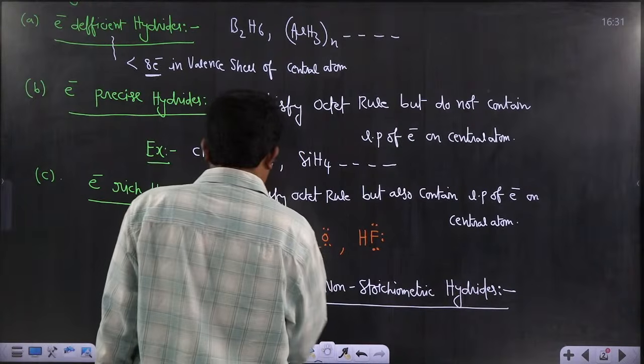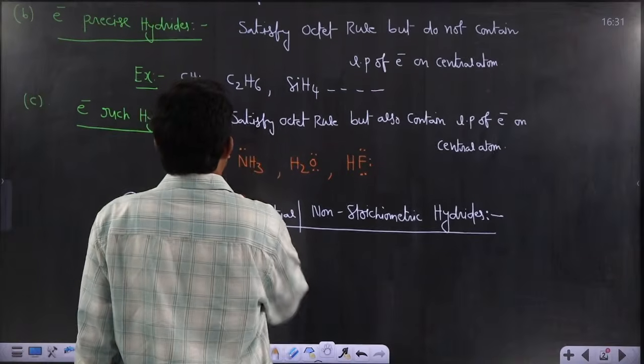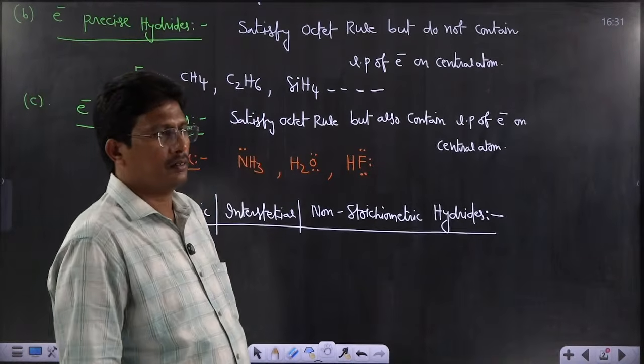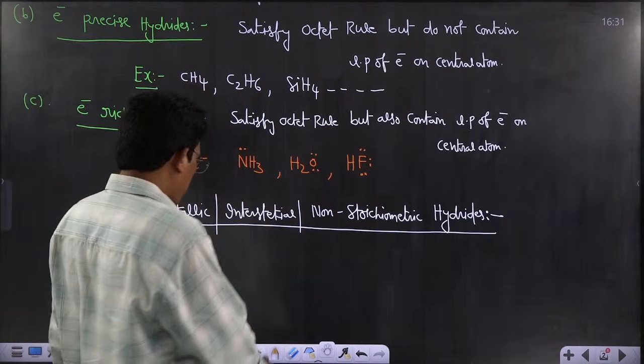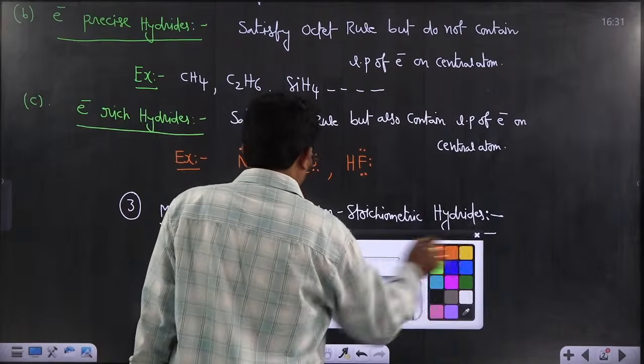Metallic hydrides are formed by D and F block metals. D and F block elements.